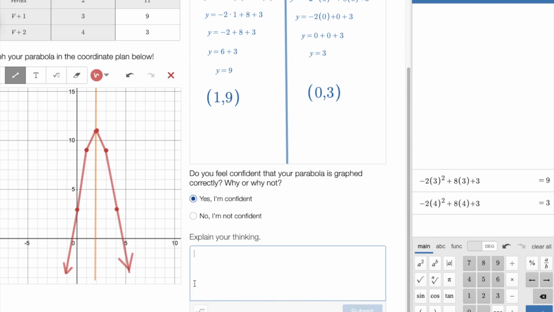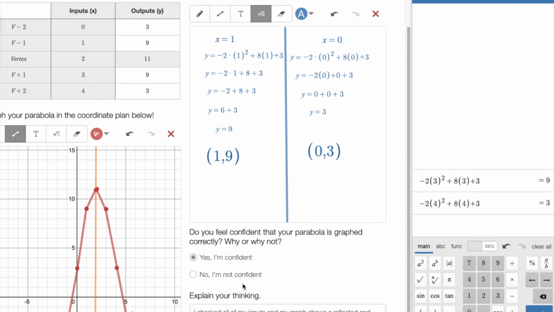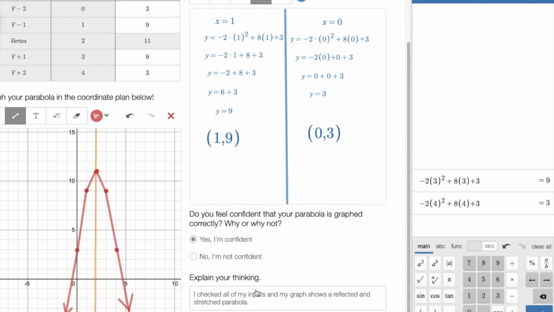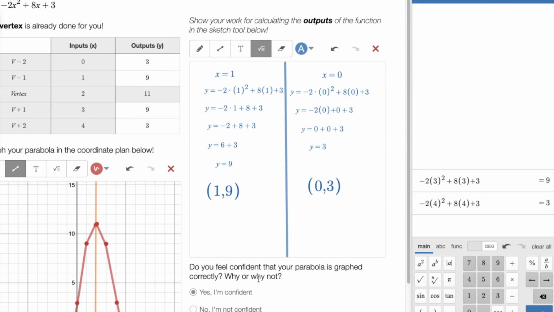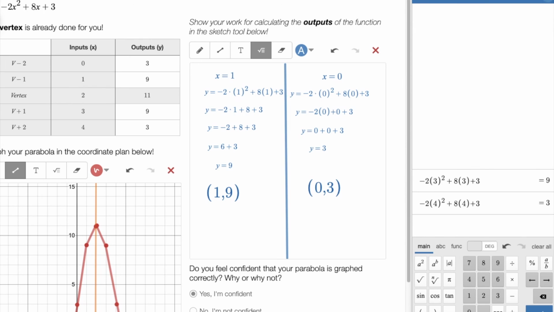So yes, I feel very confident this is correct. I checked all of my inputs, and my graph shows a reflected and stretched parabola. Now you get to choose whatever explanation you want, but this explains why I'm confident in my work. And this parabola has now been fully graphed.